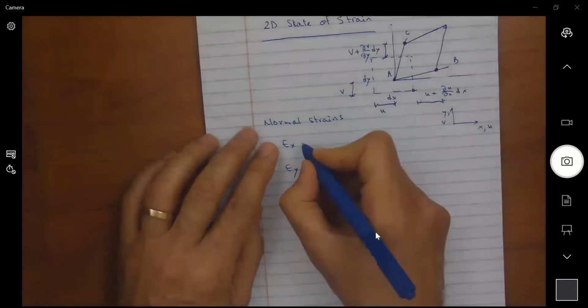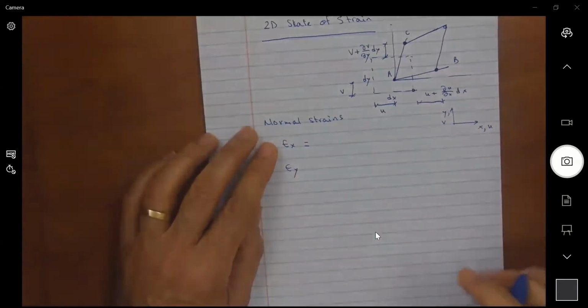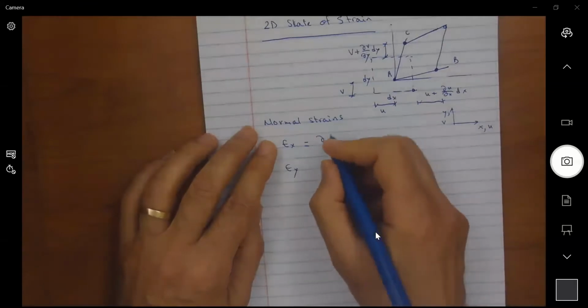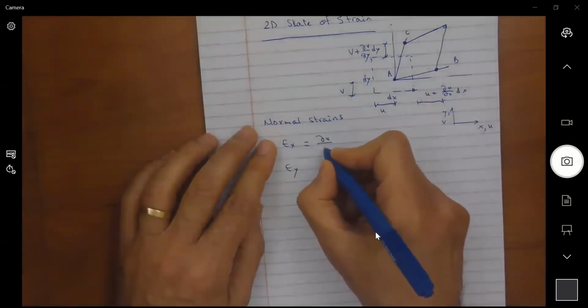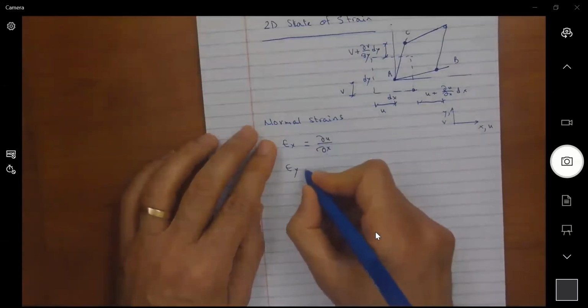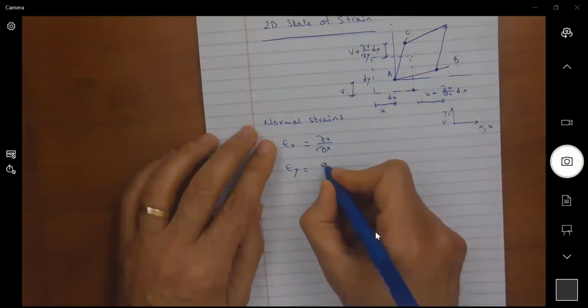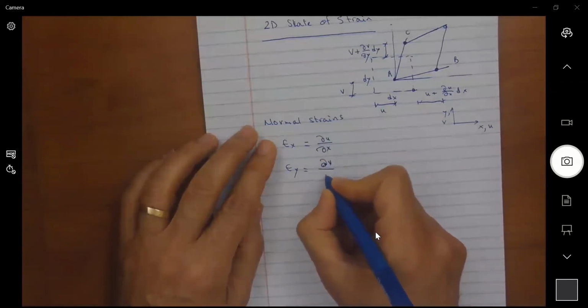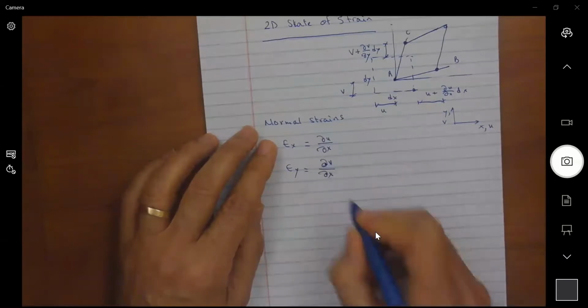So I can say epsilon x is equal to du by dx, and epsilon y is measured by dv by dy.